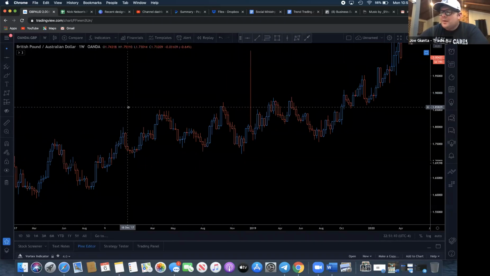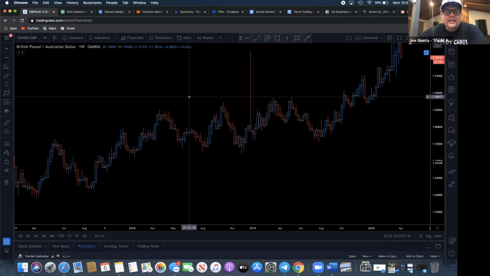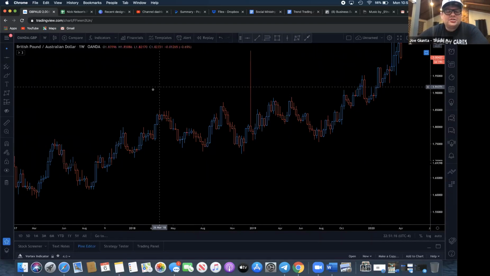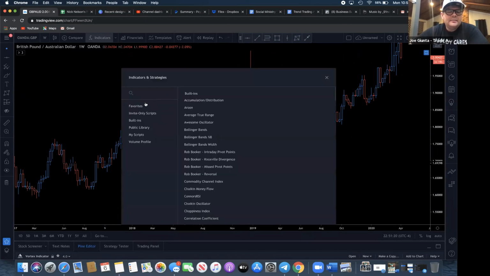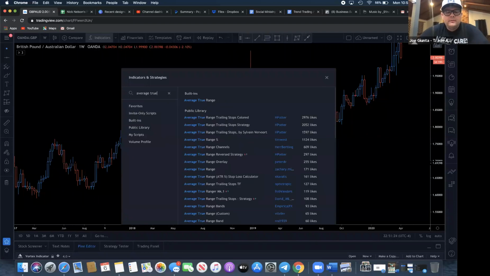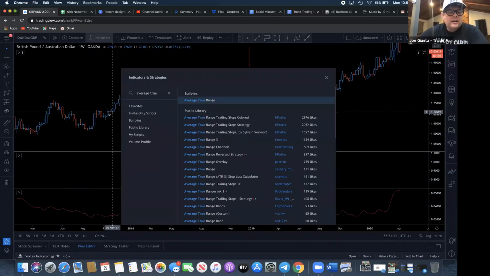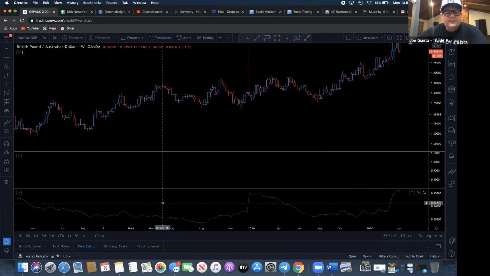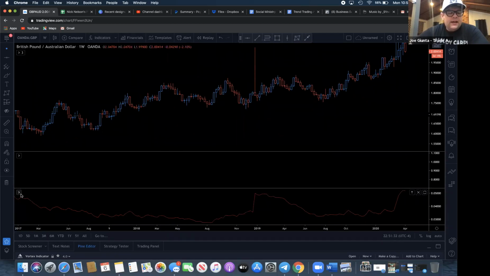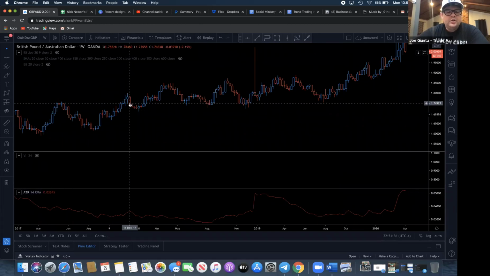The ATR, a couple of people wrote it in there. It's a volatility indicator. It means average true range. Essentially, it gives you the number of pips in your range.